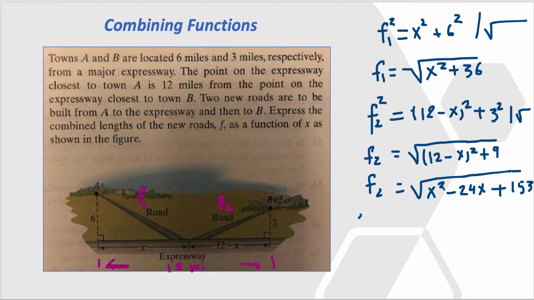So we have a combination of f1 plus f2. If we want to write the combined length of the roads, it's going to be f1 plus f2.